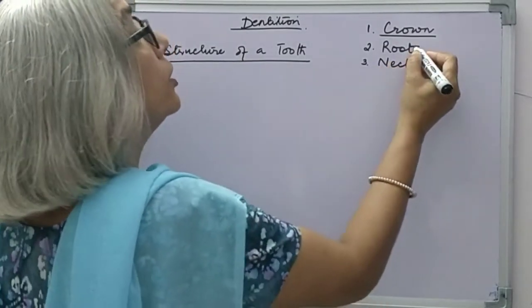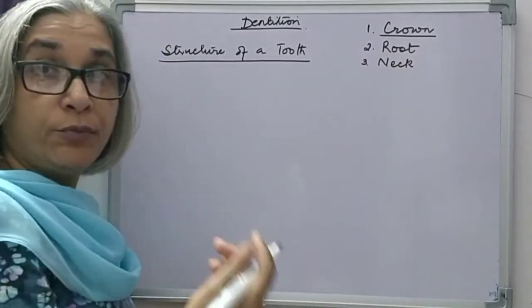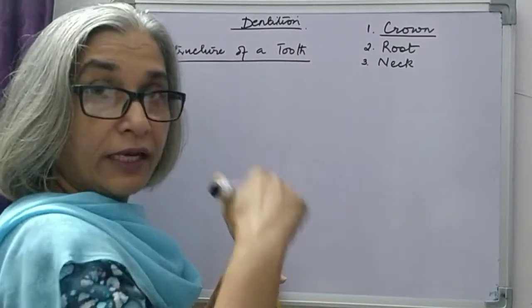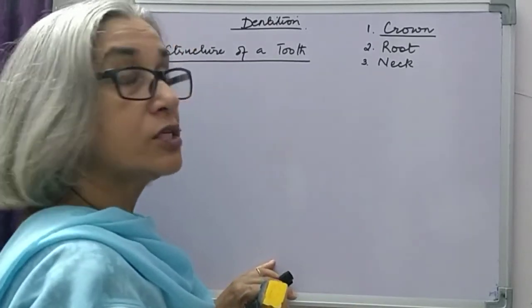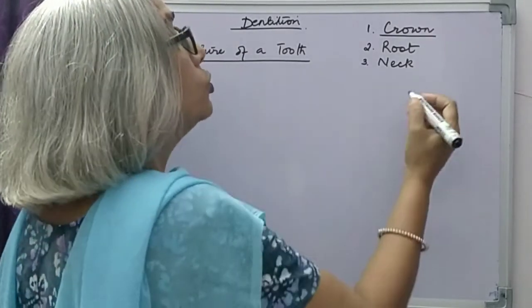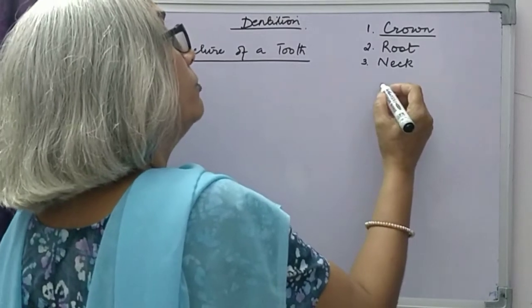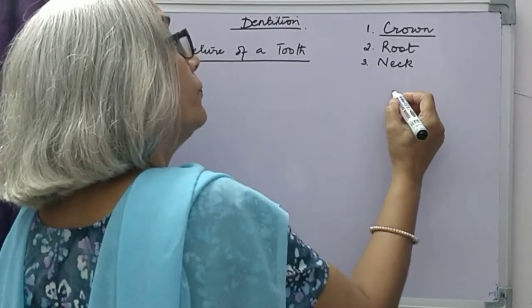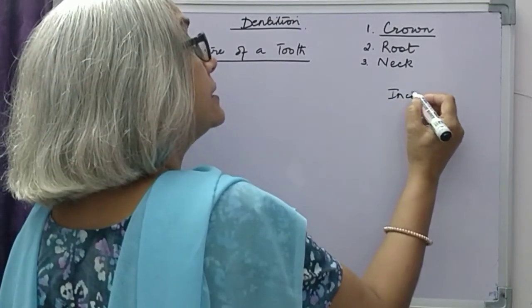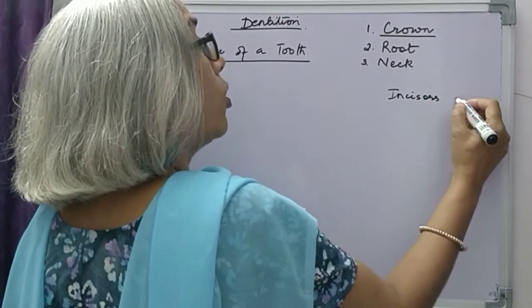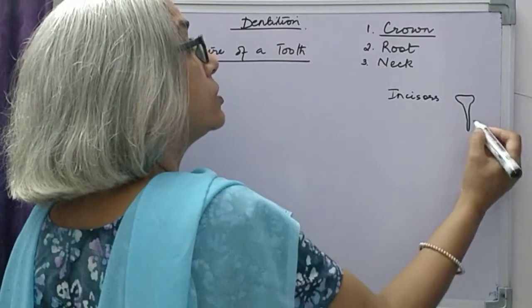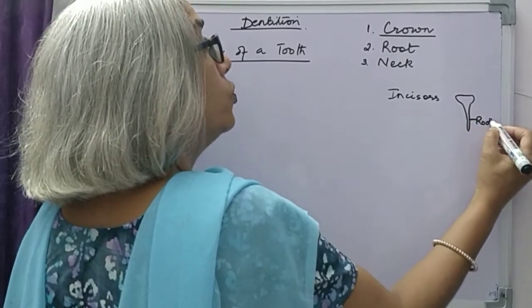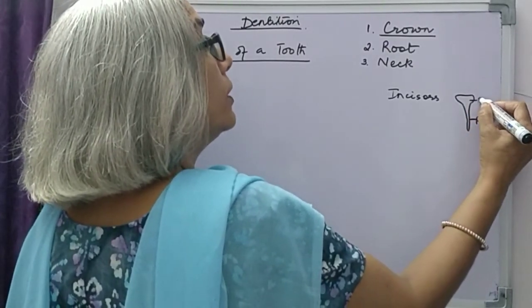And the root may have one process or fang that is inside the jawbone, or it may have 2 processes or 2 fangs. Like if you remember, I had told you that incisors, our broad teeth, have just 1 fang or 1 process as the root in the jawbone.